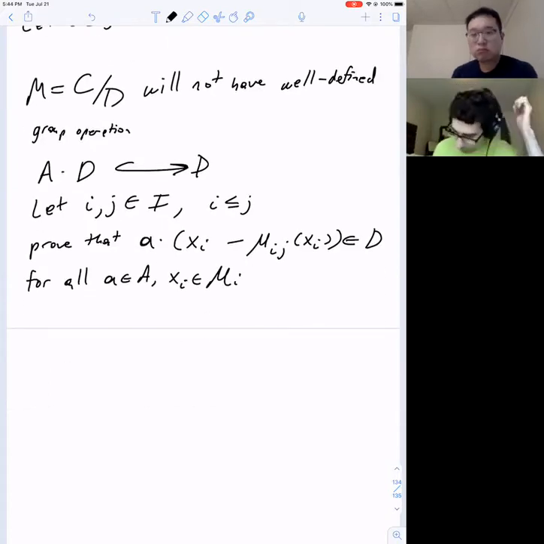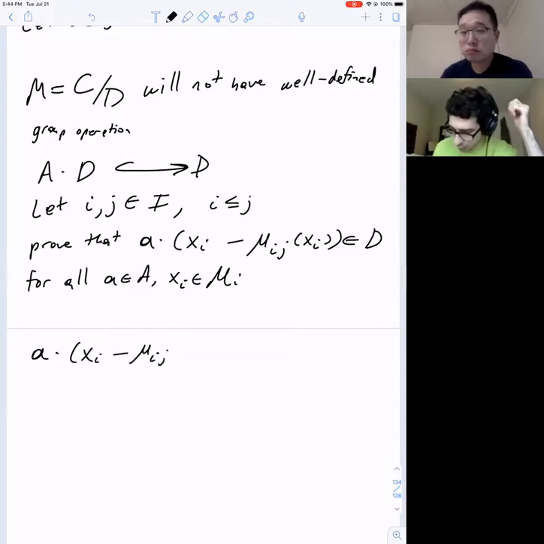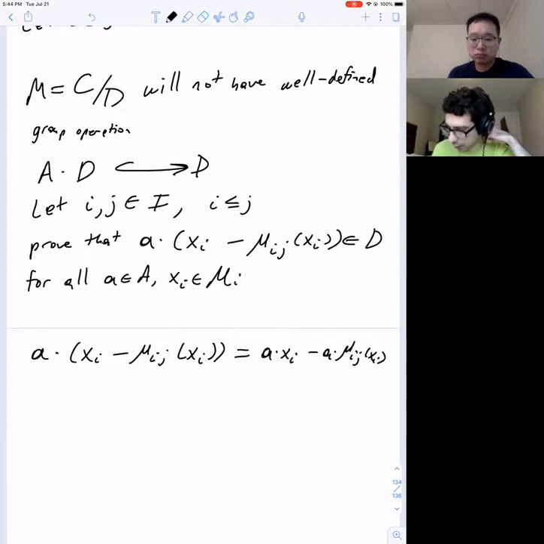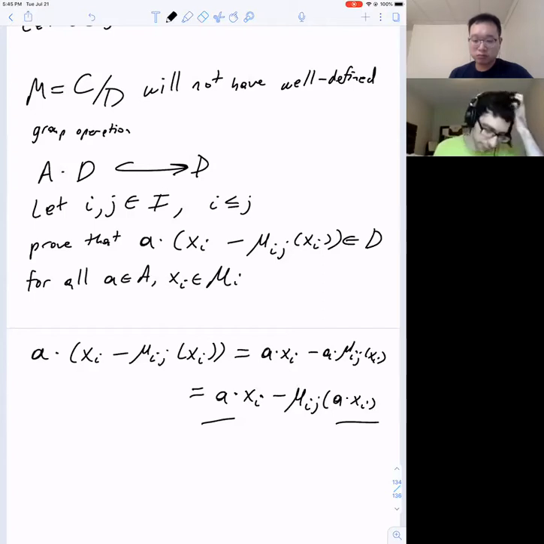Well, that's clear because A times xi minus mu ij is the same as A times xi minus A times mu ij of xi. And because you have a module homomorphism, it commutes with the action of the ring. This is exactly what I wanted. And so this is a well-defined group operation.